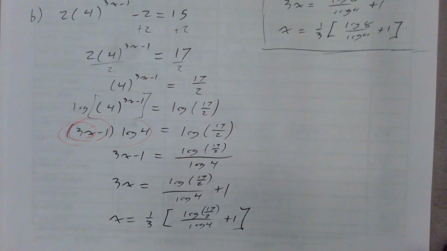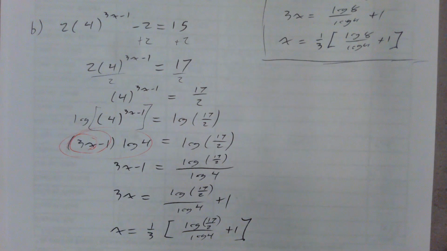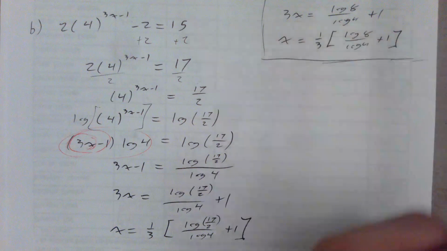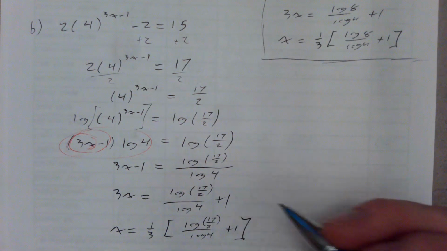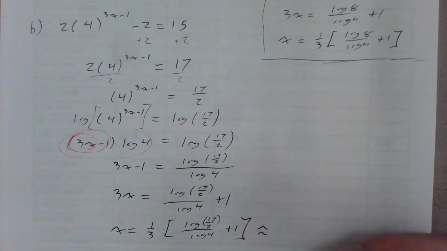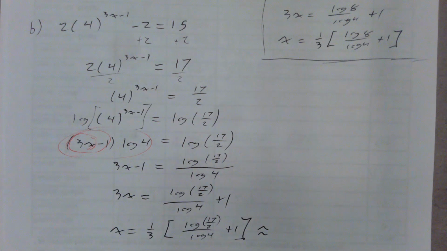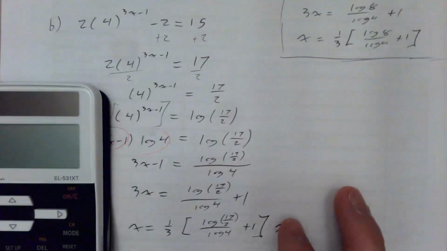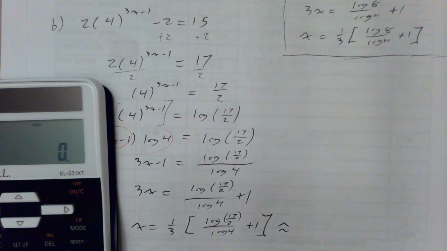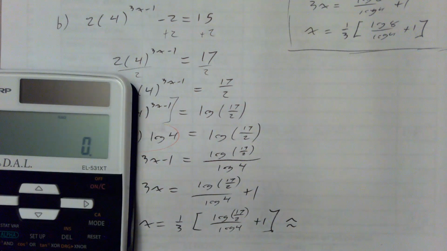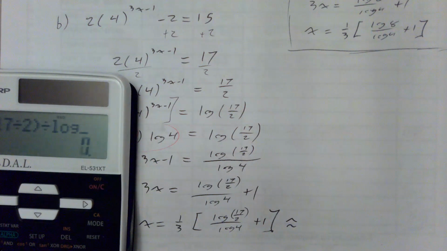Okay. Directions for a lot of equations like this would say give an expression for the exact value. There it is. Followed by an approximation. I usually say to the nearest hundredth or thousandth, just to discourage students even more from doing trial and error. Let's try 1/3 times bracket log bracket 17 divided by 2 bracket divided by log 4 plus 1.